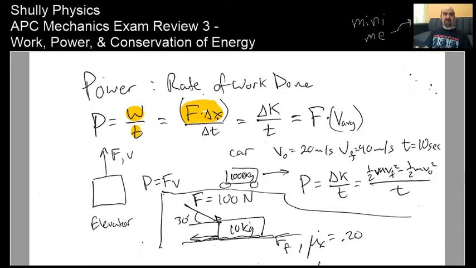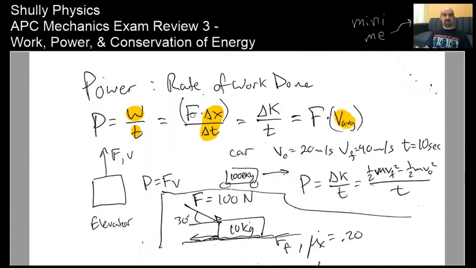You could also think of it as work being a change in kinetic energy. So if you've got a change in velocity and a mass and a time, then you could also figure out power that way. So keep in mind all these different forms of power. And finally, if we look in here a little bit, you see this delta x over delta t. You might recognize that as an average velocity.